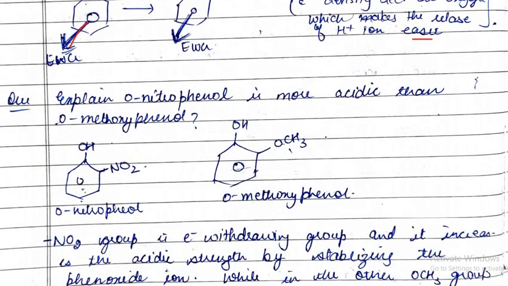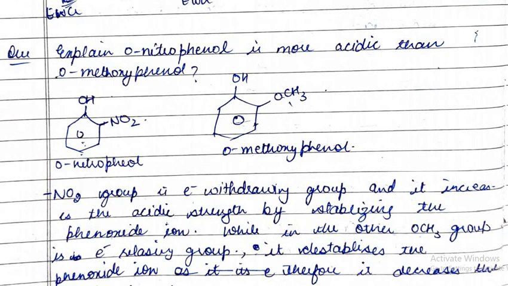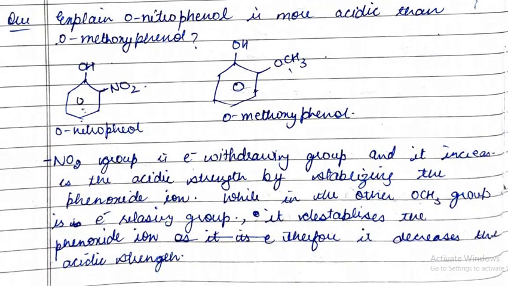On this basis we can easily explain, out of orthonitrophenol and orthomethoxyphenol, which is more acidic. Orthonitrophenol means the nitro group is present on the second position, the ortho position. In orthomethoxyphenol the methoxy group is present on the ortho position. So out of these, which will be more acidic?